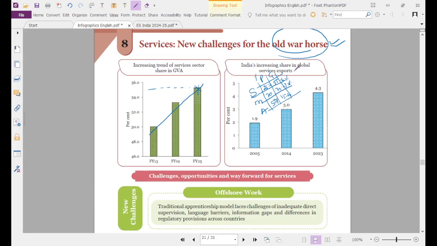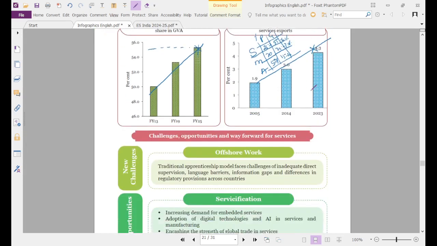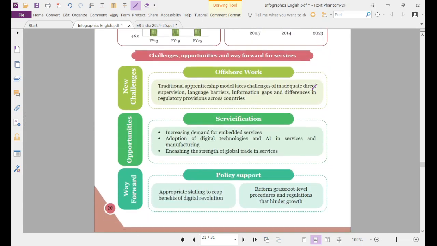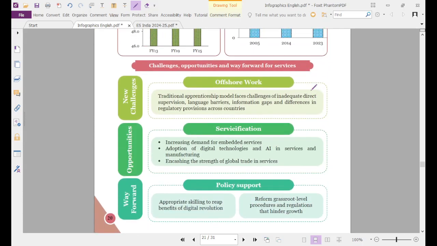In global exports also, around 4.3% comes from the Indian service sector, right? When it comes to the challenges and opportunities awaiting in this field, there is a lot of dynamics here. There is offshore work, traditional apprenticeship models are lacking, and skilling is lacking. Higher efforts have to be made. Language barriers exist for global services.